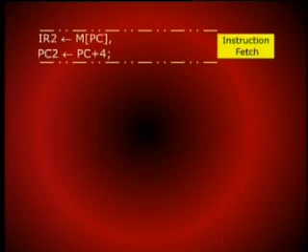So as a result, we will have the contents of IR2, which are the contents obtained from the memory location PC. At the same time, the contents of PC are incremented by 4 and are stored into the buffer register PC2. Again, this is an interface between stage 1 and stage 2.